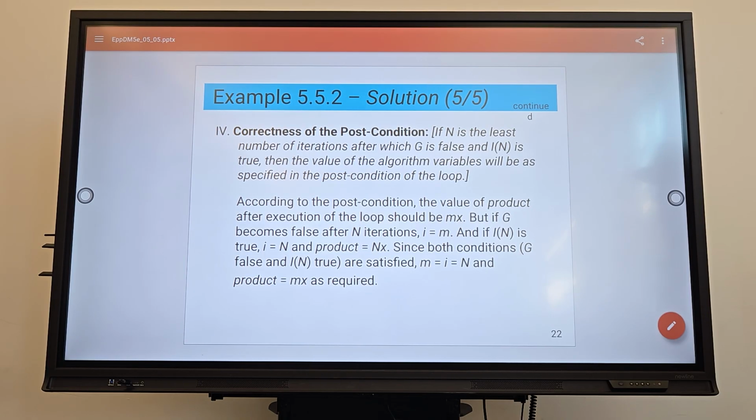Since both G is false and I of big N is true, both conditions are satisfied: m equals i, which is equal to big N, and product equals m times x as required.